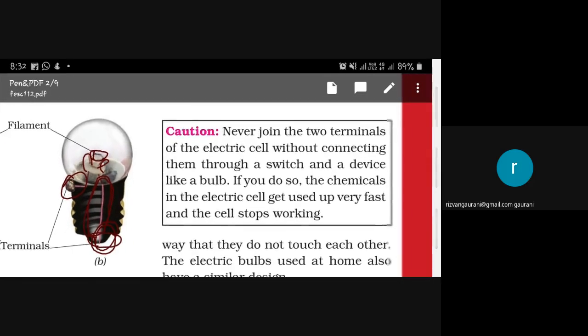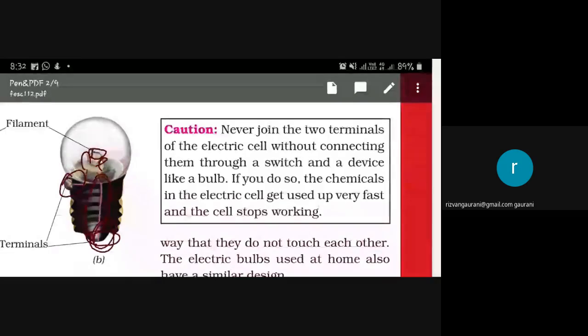Yes, Tanvi, read the box. Caution: Never join the two terminals of the electric cell without connecting them through a switch and a device like a bulb.